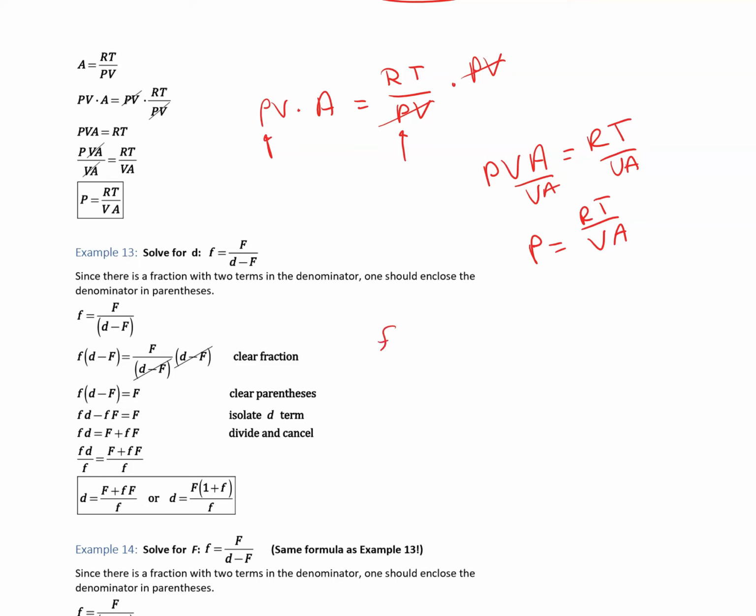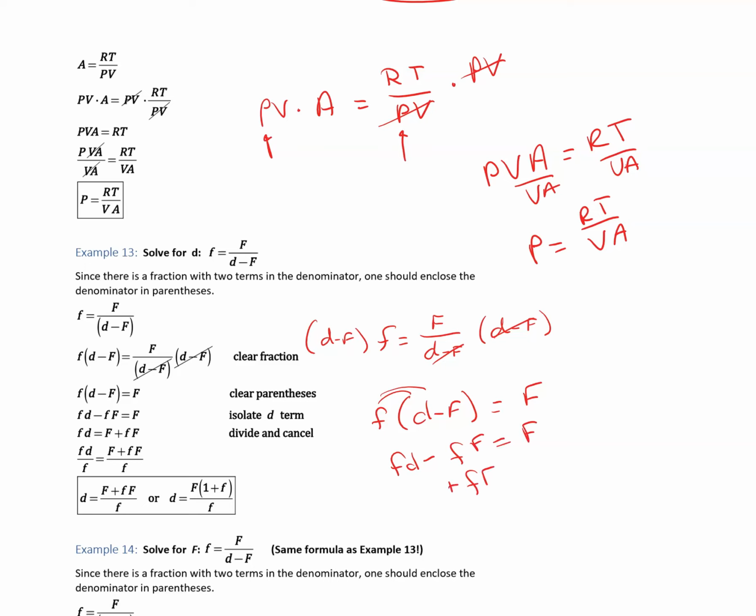This one here, I'm solving for little d and it's in the denominator, so I have to multiply both sides by the denominator to get it out of there. So I get little f times d minus f is equal to F. Distribute. So these f's are not the same. This one is capital, one is small.